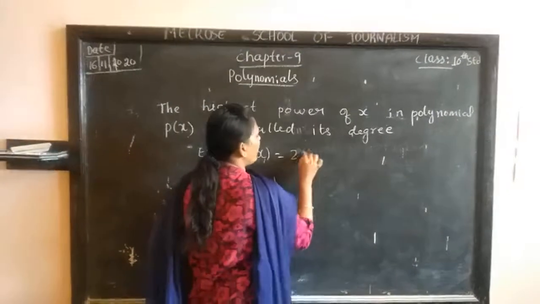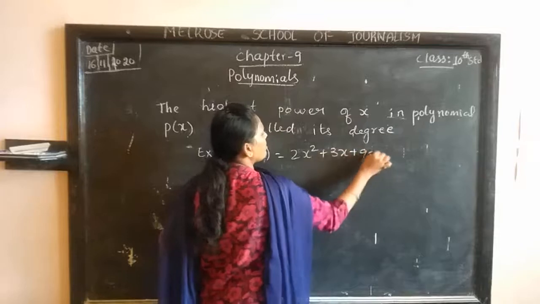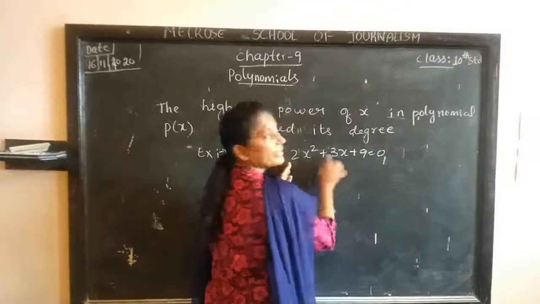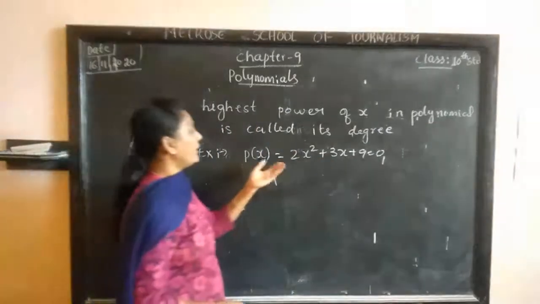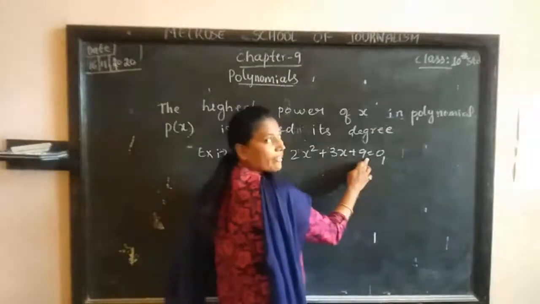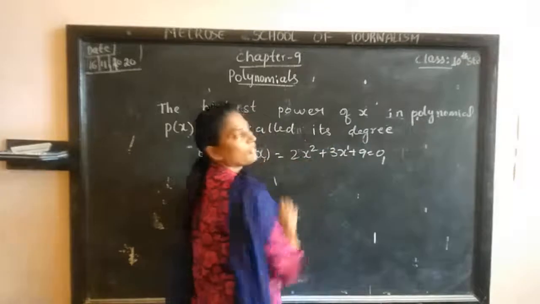Suppose 2x square plus 3x plus 9 is equal to 0. This is a polynomial which contains only the variable x. That's why it is written as p of x. So here the highest power of x is what? Here there is no x variable. Here the x variable has power 1. Here the x variable has power 2.